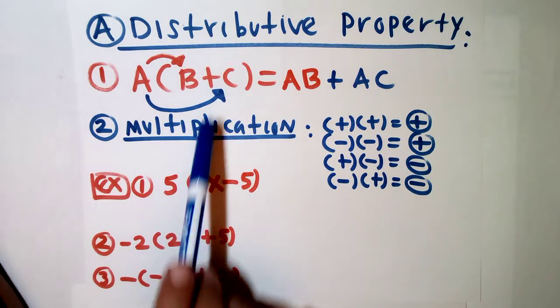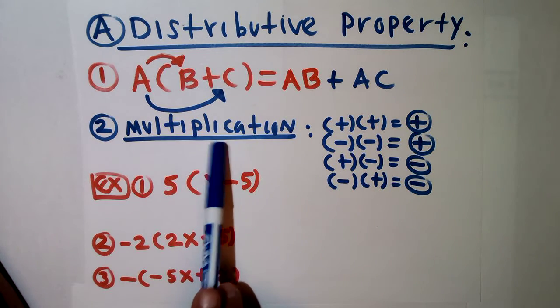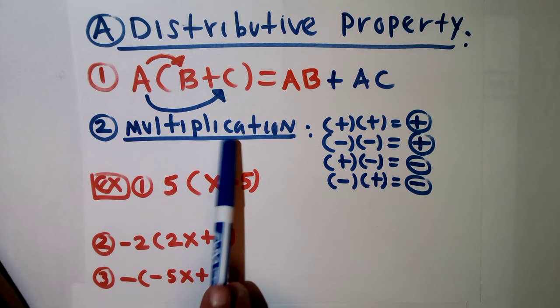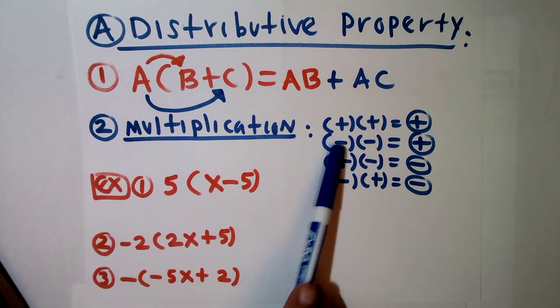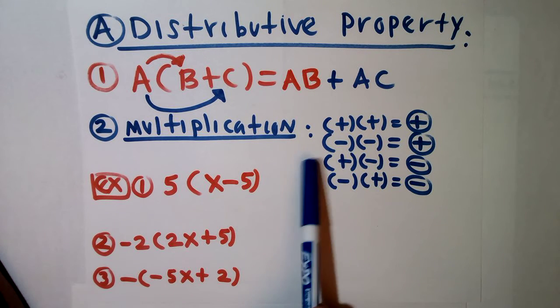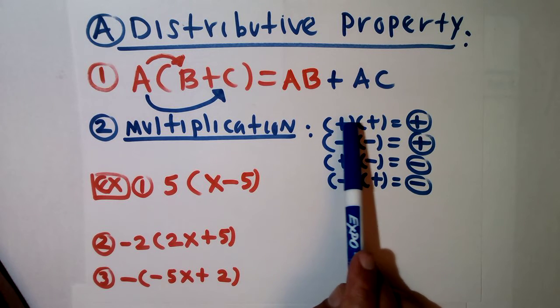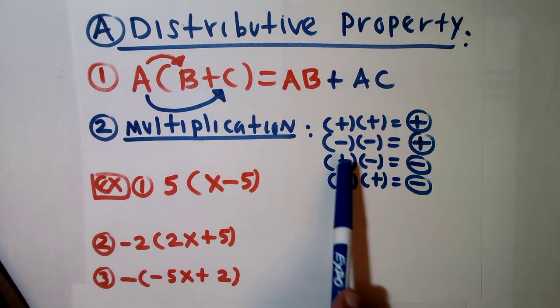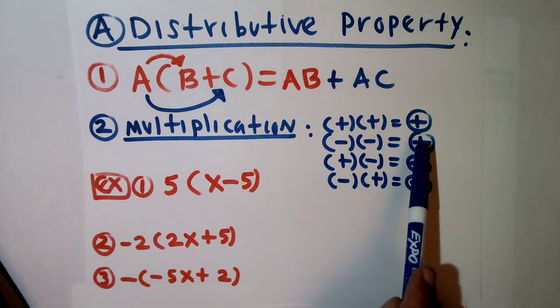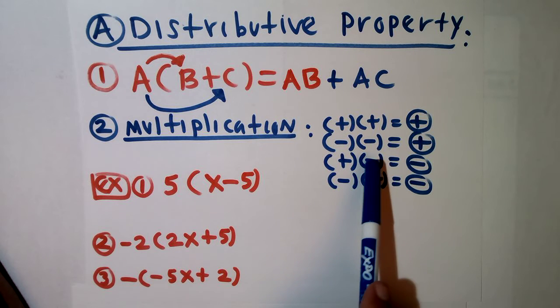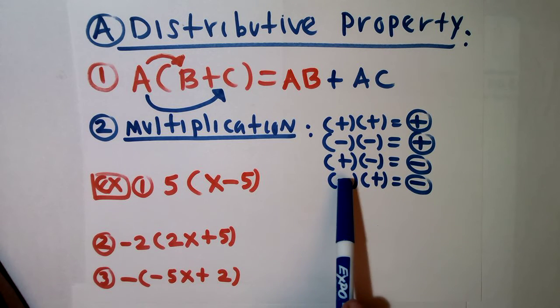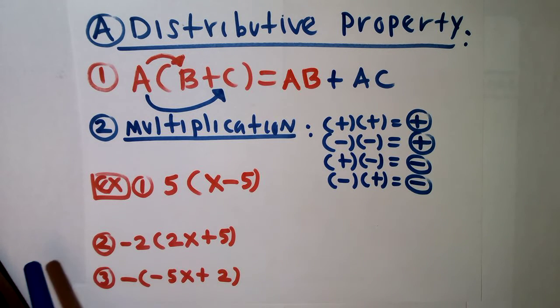But before we do that, one of the major problems is that when you multiply, you need to know these rules. They are really simple. When you multiply a positive times a positive, you get a positive. A negative times a negative, you get a positive. Positive times a negative, you get a negative. And negative times a positive, you get a negative.